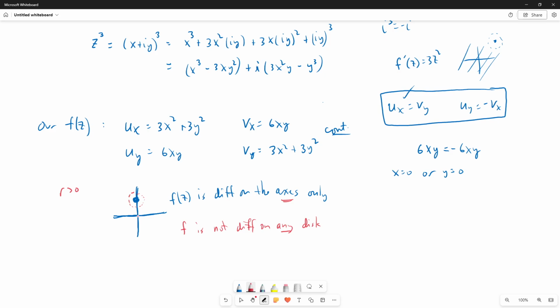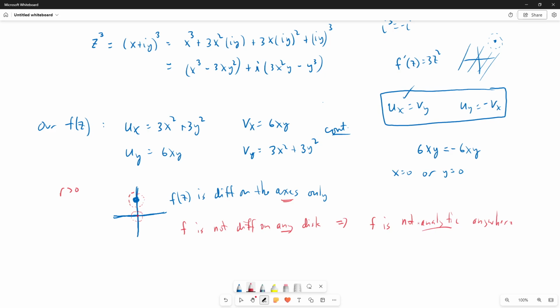Even at the origin, you can draw a disk around a point at the origin. It will contain points that are not on the axes, and so the function is not differentiable at every point in that disk. So it's not differentiable on any disk, which means that f is not analytic anywhere.